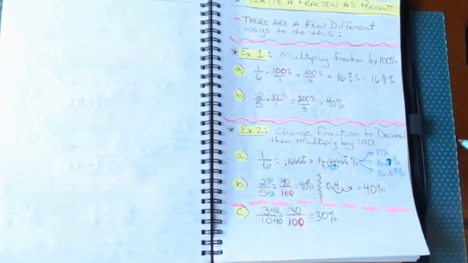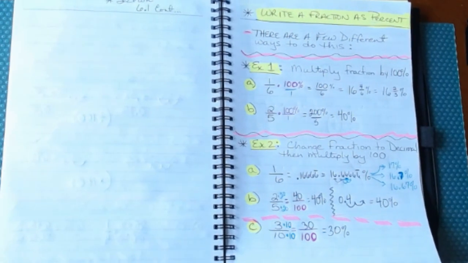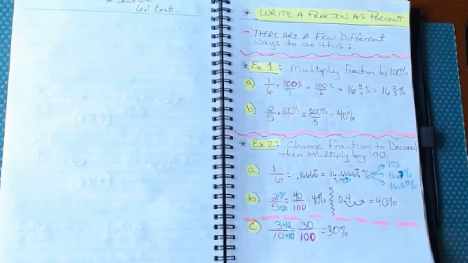Okay, so here are several different ways to get your fractions to be represented in percentage form. Now, whichever route, again, as you can see, maybe one of the ways to get there clicks better with you, then do it that way.